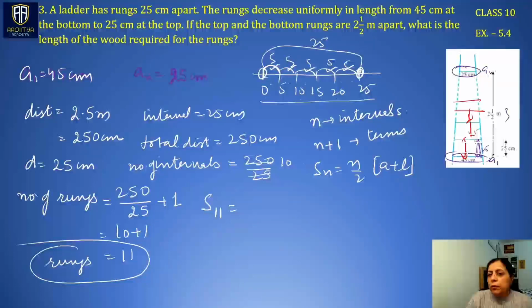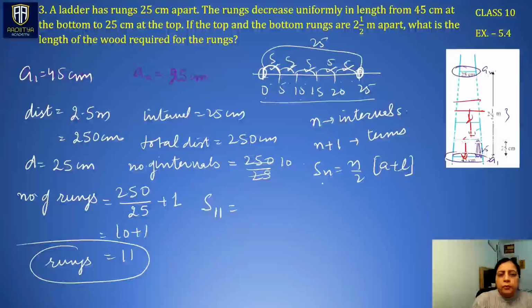So if we had the second rung, I would have taken the difference between the lengths of these two rungs to find D. This 25 centimeters does not represent D in this case. It is only the separation of these two rungs.